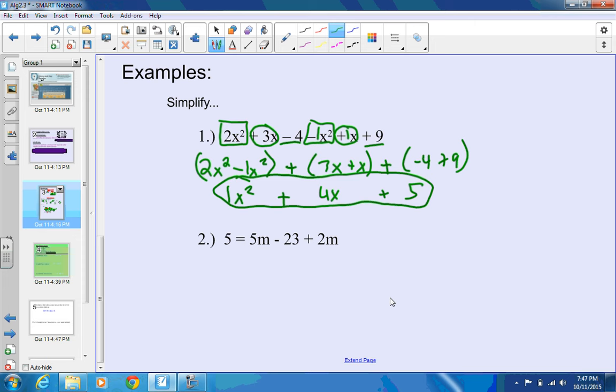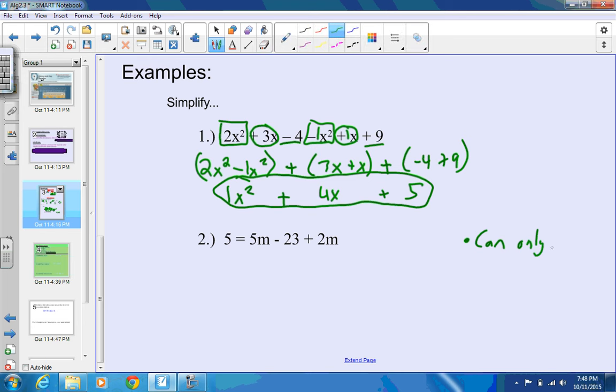Now, when you're combining like terms with an equation, you can only combine like terms that are on the same side. I have to work on my writing on this thing.